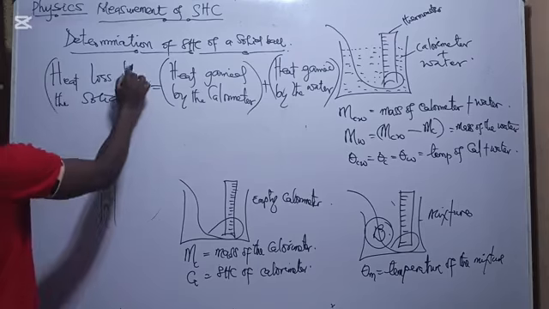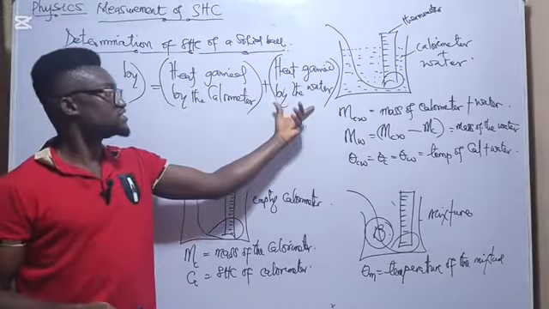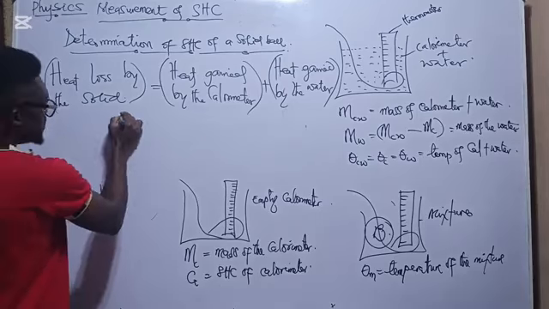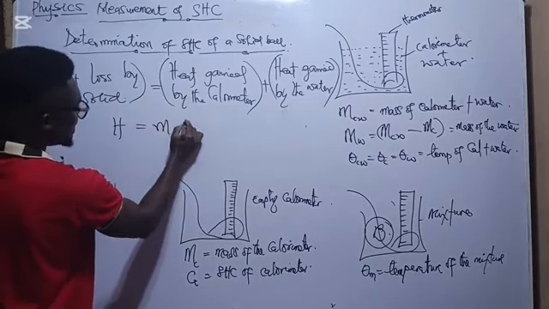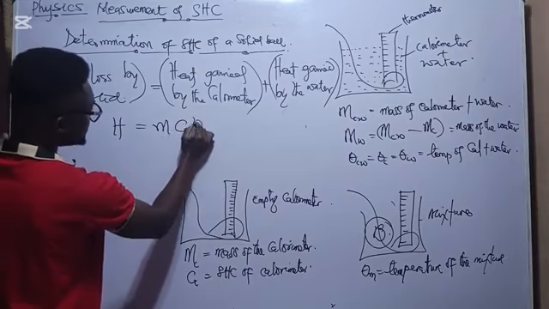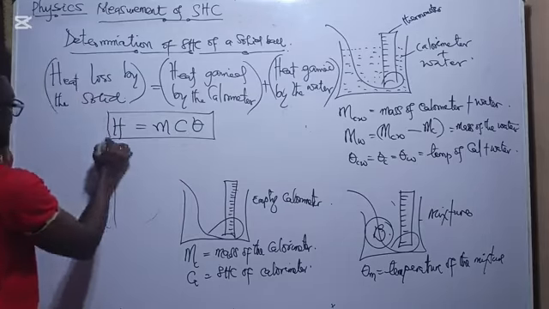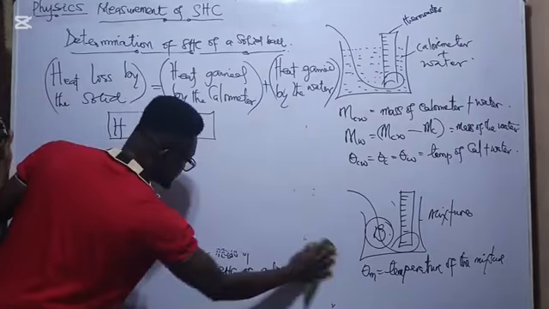So the heat lost by the solid is equal to the heat gained by the calorimeter plus the heat gained by water. And you remember that we have a formula for heat as the mass times specific heat capacity times temperature change. So we can now employ this formula in our solving.